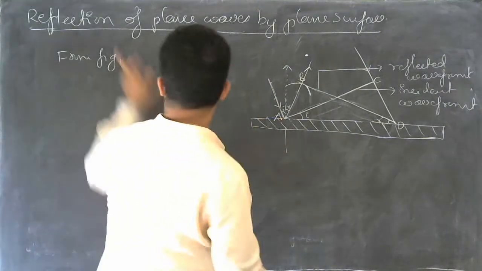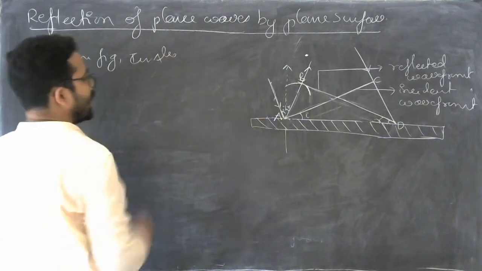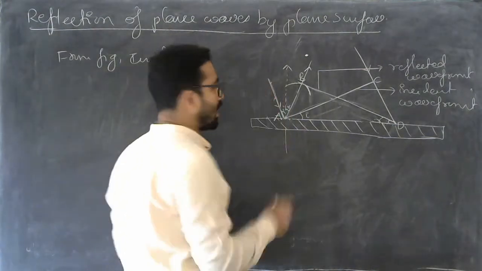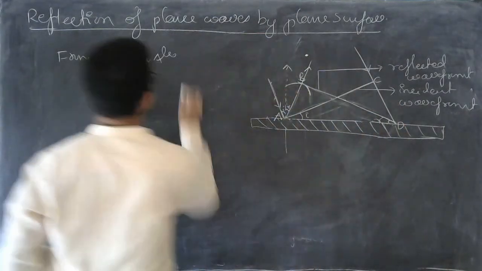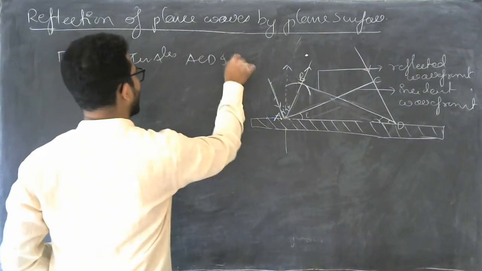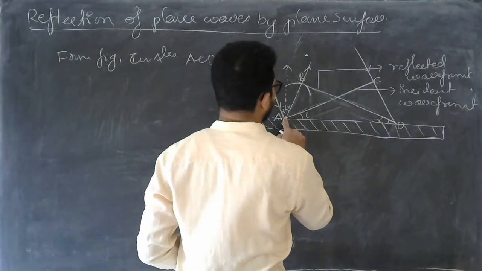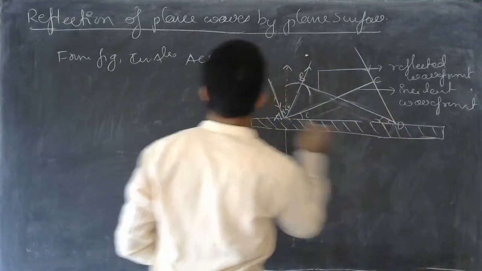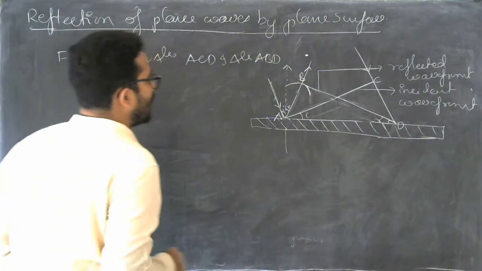from the figure, let us take the two triangles. This is one triangle ACD, and triangle ABD. We have taken the two triangles.